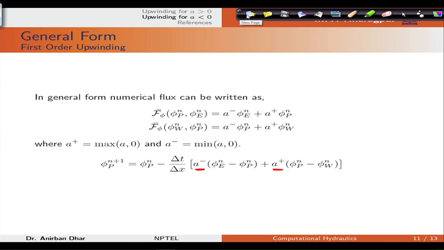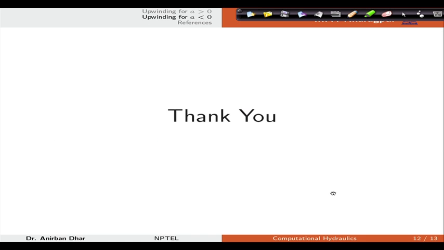So, this approach is more physically consistent, and this is the basic thing for our upwind approach. This approach is called the first order upwind method. Thank you.